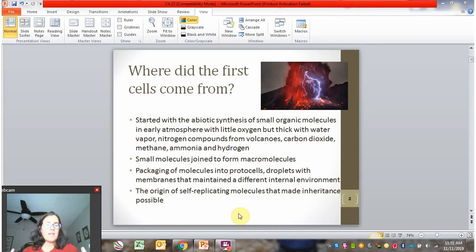So self-replicating molecules are things like DNA and RNA, and a lot of people think that RNA was probably around first. And remember, we consider it self-replicating because it's got those base pairs that when you make those base pairs, you can make a match to an existing molecule. And so again, this is like a possible theory and sequence for how we would have gotten these very earliest cells.